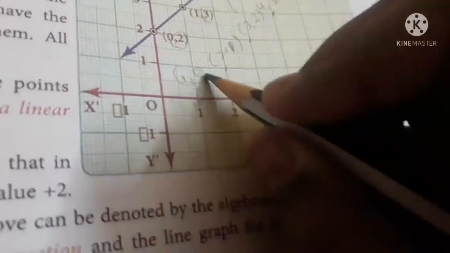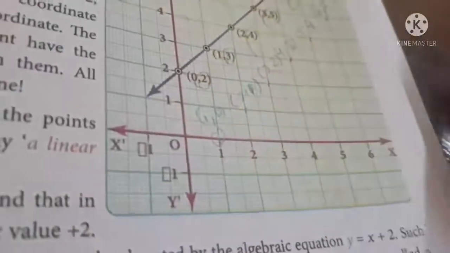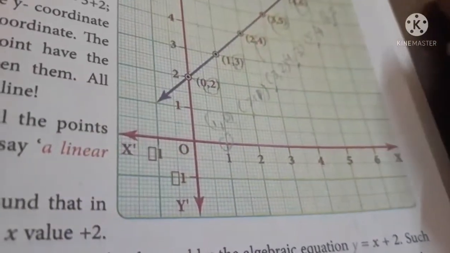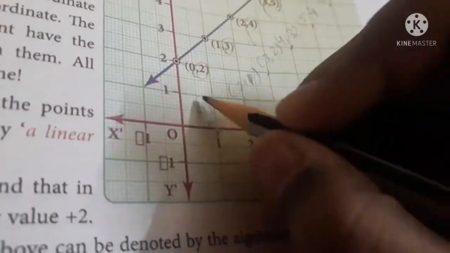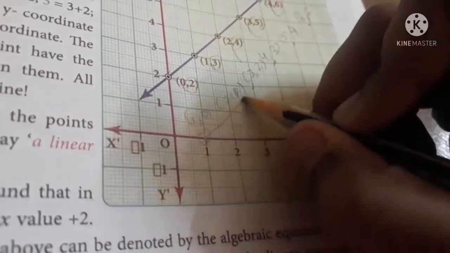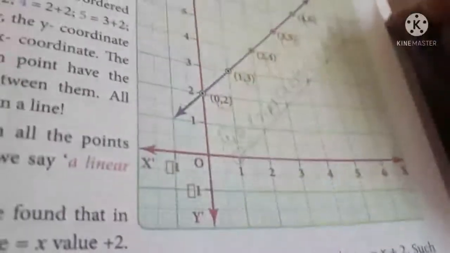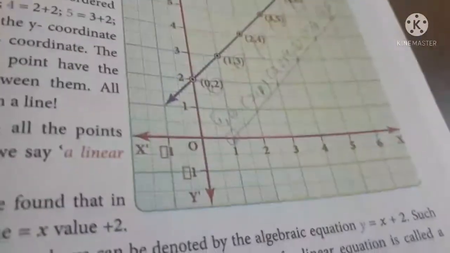You can see the difference. 2 minus 1 is 1, 3 minus 1 is 2, 4 minus 1 is 3, 5 minus 1 is 4. What is the relationship here? If you subtract 1 from the x coordinate, you will get the y coordinate. So all the pattern, that is the relationship between x and y coordinates, is the same. Therefore it will be lying on the straight line.